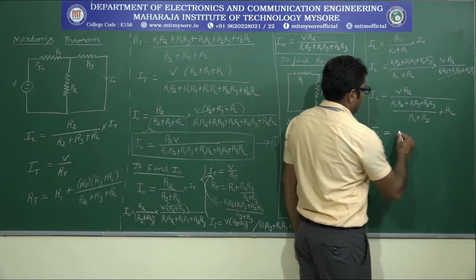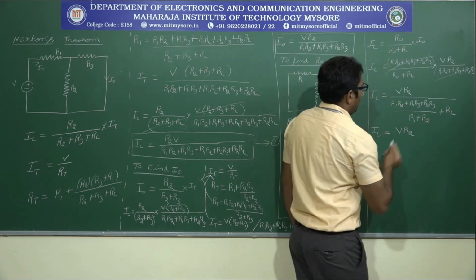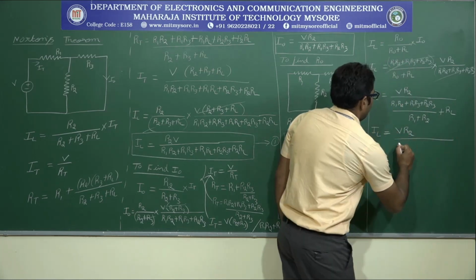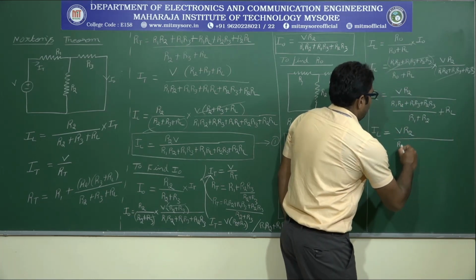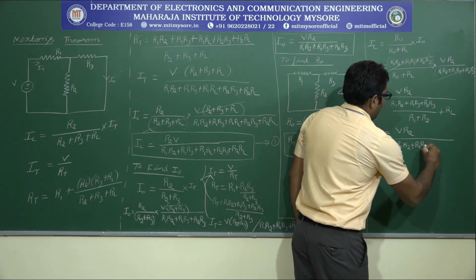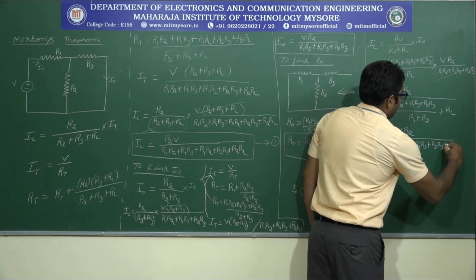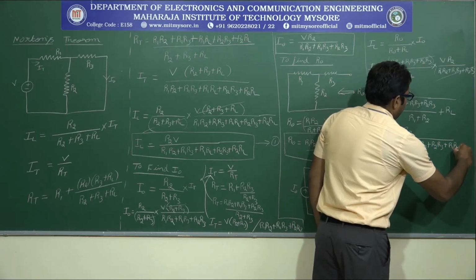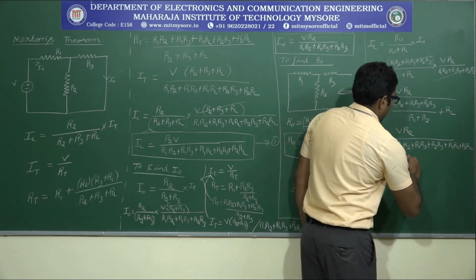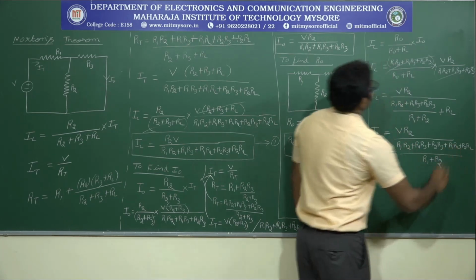IL is equal to V into R2 whole divided by R1 R2 plus R1 R3 plus R2 R3 plus R1 into RL plus R2 into RL whole divided by R1 plus R2.